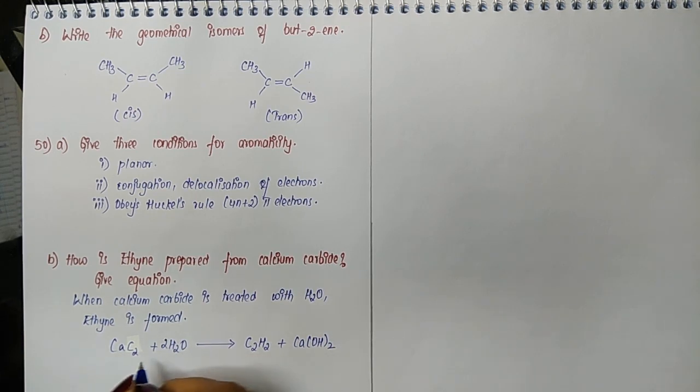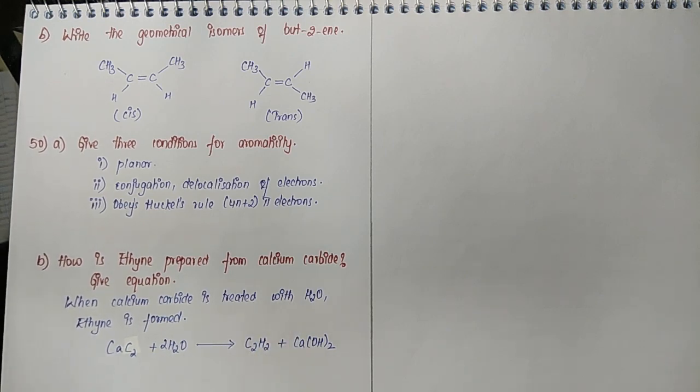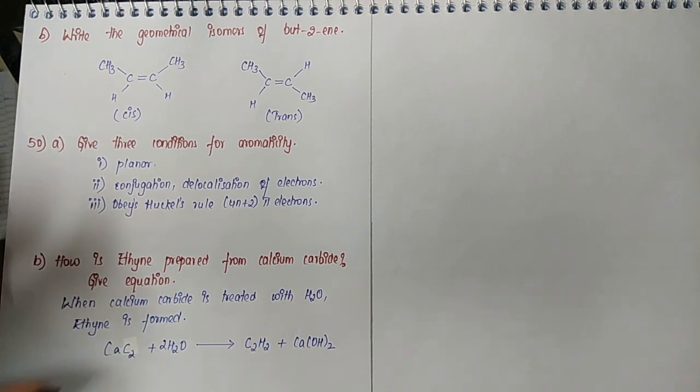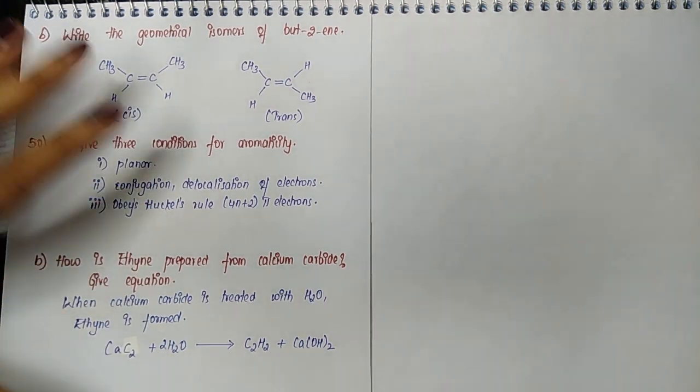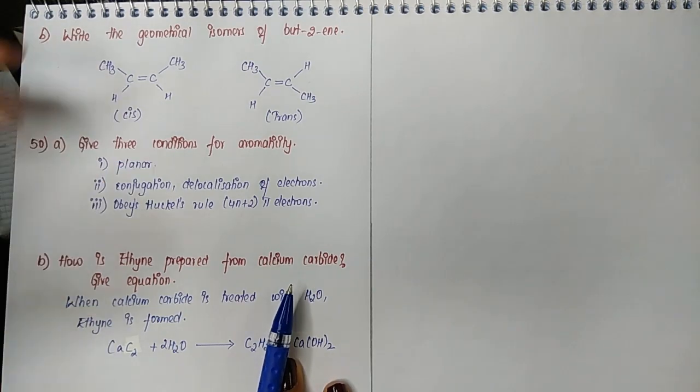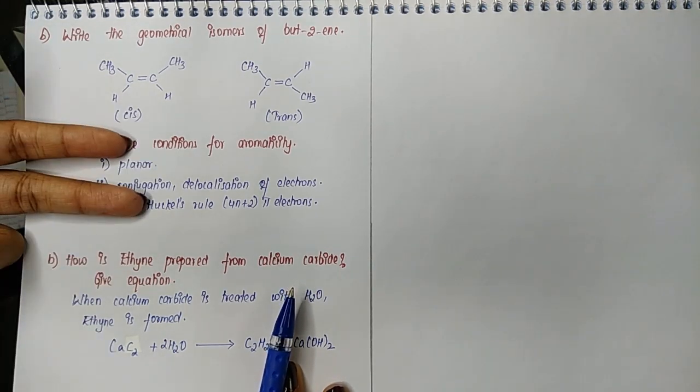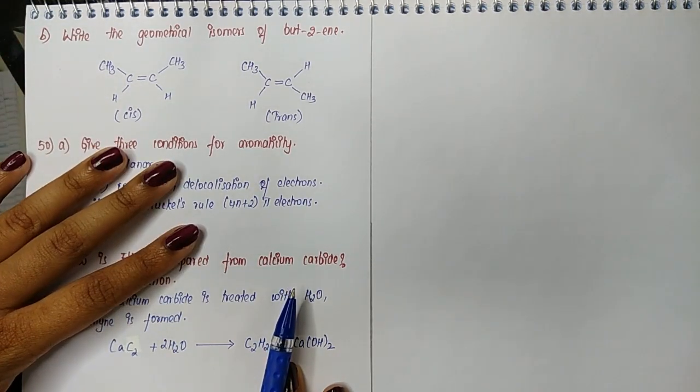Just balance the equation and you got your 2-mark question, which is 1 mark for the explanation and 1 mark for the equation. So in this way your part A and part B are a mixture of all parts in chemistry. Part C is for inorganic, part D is for physical, and part E is for organic.